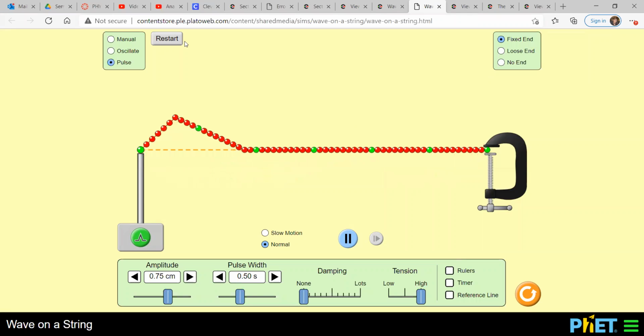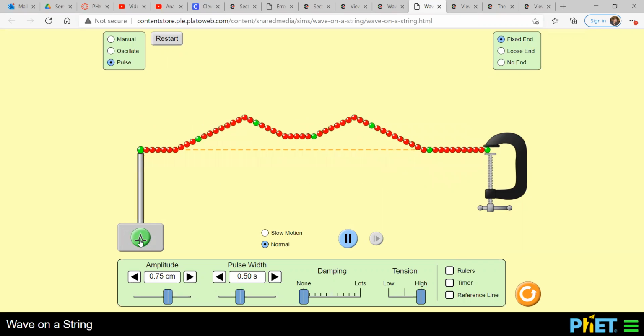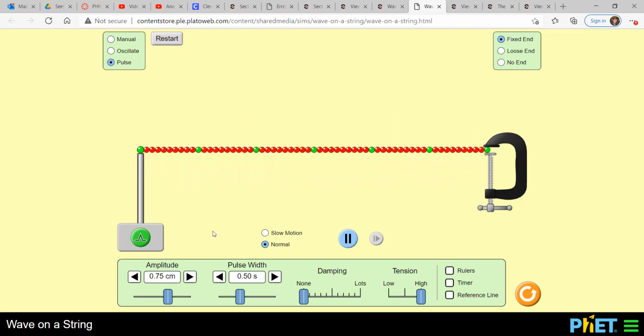So we'll restart. 1, 2, oh, whoops. Have better timing. Here, I'll do slow motion. This is cheating. Not really. But here we go.